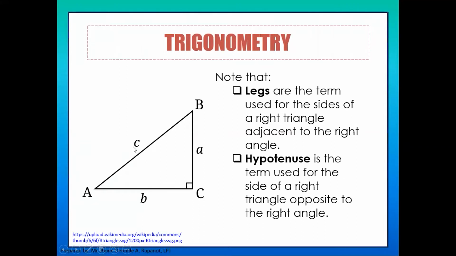Now, this side C is your hypotenuse because hypotenuse is the term used for the side of a right triangle opposite to the right angle. As mentioned earlier, the opposite of this right angle is your small letter C. And again, this small letter C means your hypotenuse. Or, to make it simpler, this small letter C or your hypotenuse is known to be the longest side of a given right triangle.